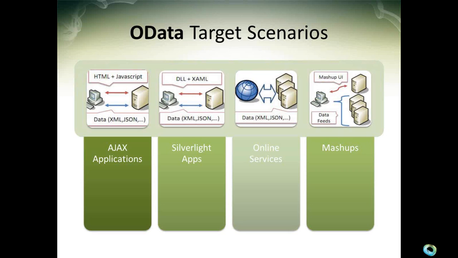Today we are going to talk about how you can consume an OData service from a Silverlight application, but you can also do that from an AJAX application, or you can build some online service, or you can even build a mesh app. If the application that you're building is in one of those four scenarios, then probably OData is right for you.